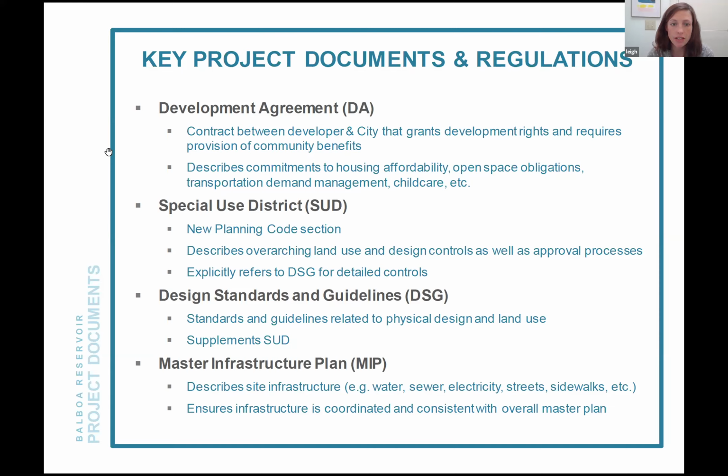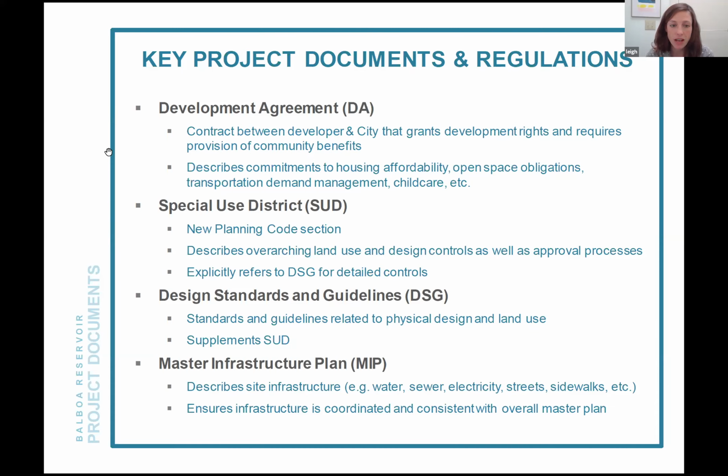And this is the very specific standards and guidelines related to the physical design and the land use for the project. Contained within the development agreement is the master infrastructure plan. This is a more technical document that outlines the conceptual approach to all of the critical site infrastructure.